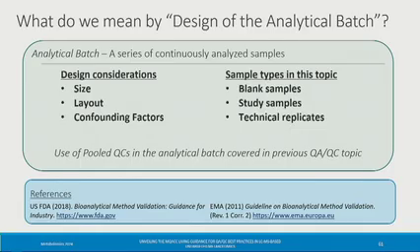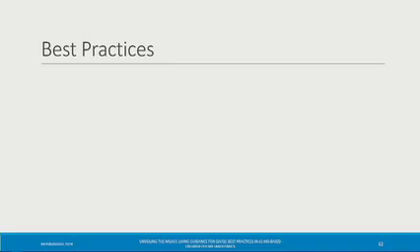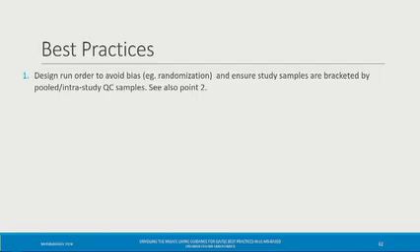And we have a couple references for this on the screen right here. Looking at the best practices that we have here, we want to design the order that we run our samples so that we avoid any biases.